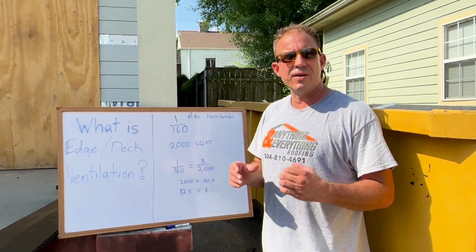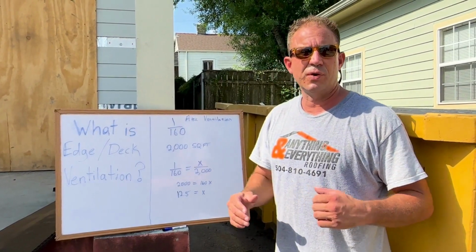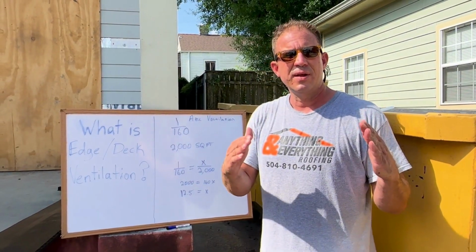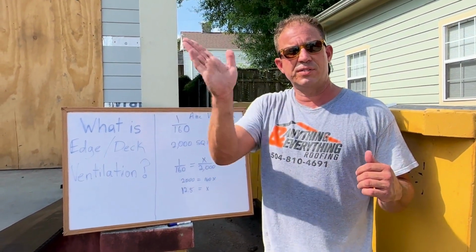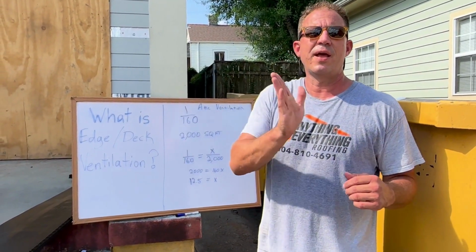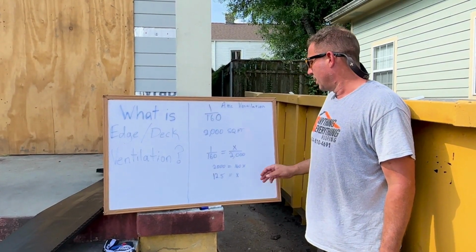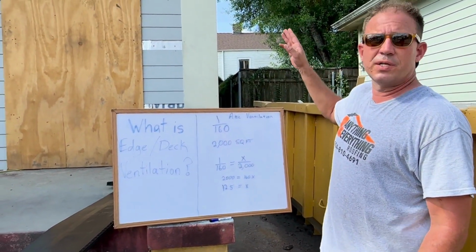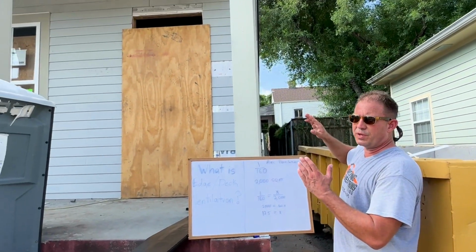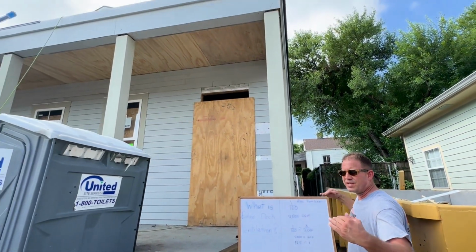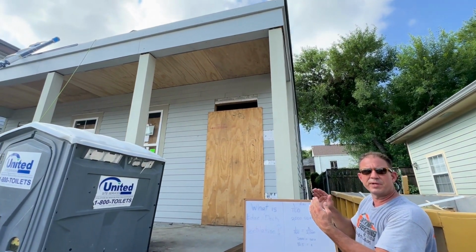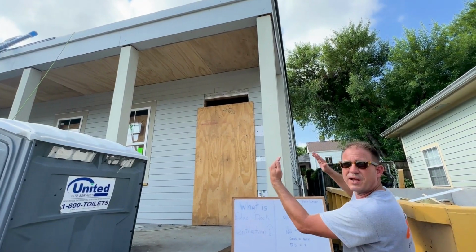Now you take that number and split it in half. Half is breathing in and half is going out, exhaust. If you were doing soffit vents, the intake would be further split in half because you've got two sides of the house.